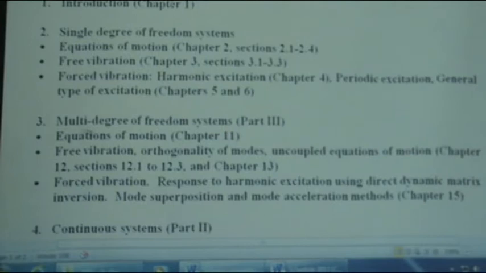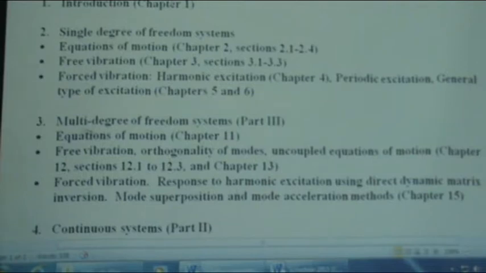Then we have forced vibration, where a system of forces are applied and excite the system. We have different types of vibration depending on the excitation. One is harmonic excitation.